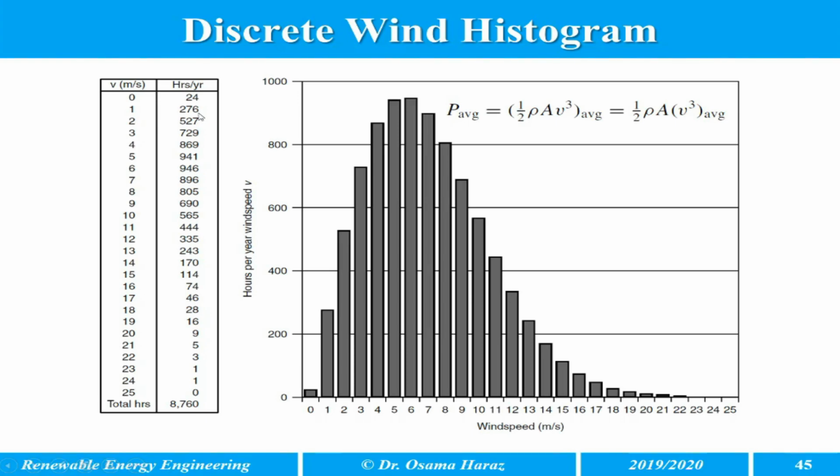Then you collect all these wind speeds from 0 up to the maximum speed of 25 meters per second, with the number of hours per year, and the total is 8,760 hours per year. And this is how the distribution looks: the number of hours per year versus the wind speed.